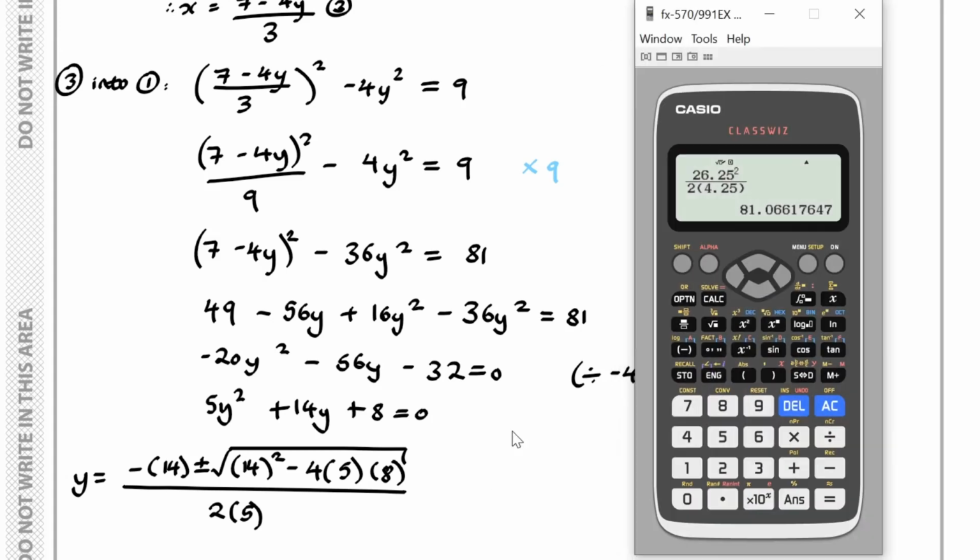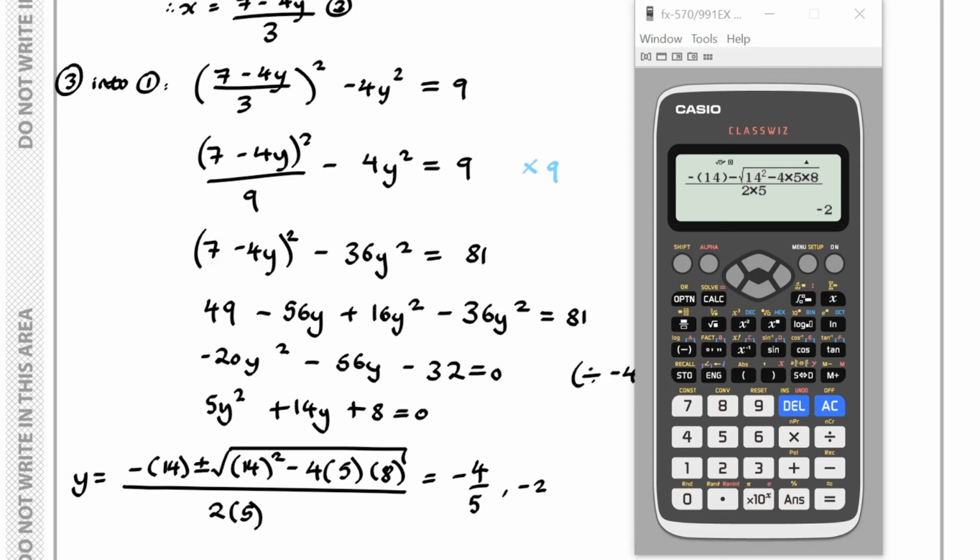So if we work this out, we've got minus 14 plus the square root of 14 squared minus 4 times 5 times 8, divided by 2 times 5, which is minus 4/5. So that's one solution. And for the other solution, we can change this to a minus. We end up with minus 2.